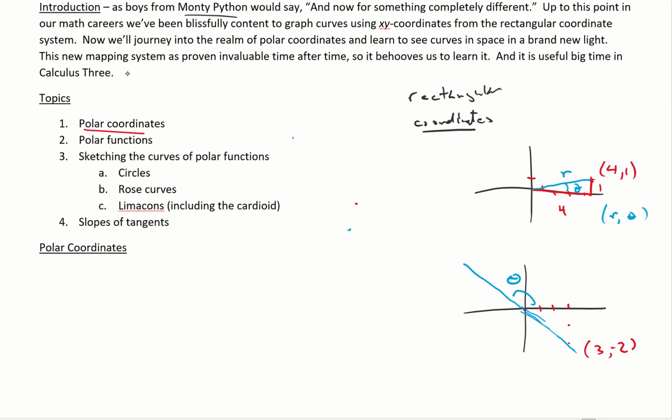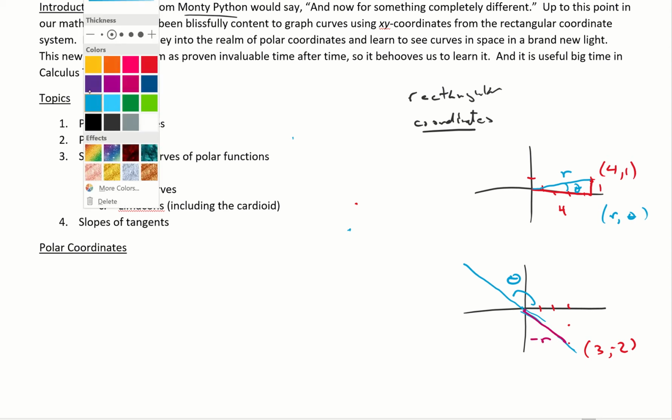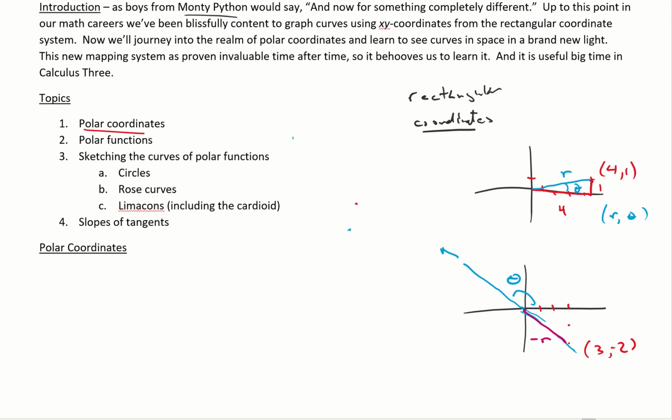You would go backwards by going negative r in that direction. So we are pointing in this direction here, but we're traveling backwards. So this ordered pair would be negative r and theta, okay? So yes, r being negative means go in the opposite direction.